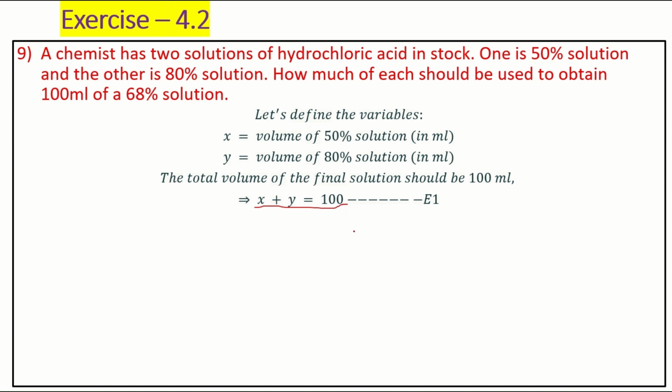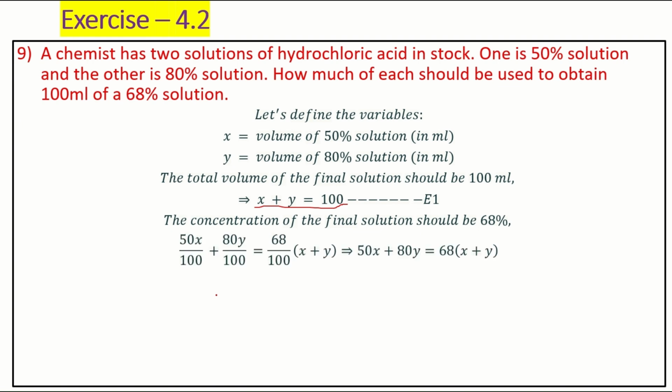Okay. Next, the concentration of the final solution should be 68%. That means 50% of x plus 80% of y equal to 68% of x plus y. If you take off all hundreds, it will become 50x plus 80y equal to 68 into x plus y.